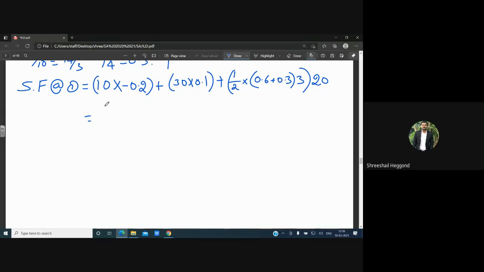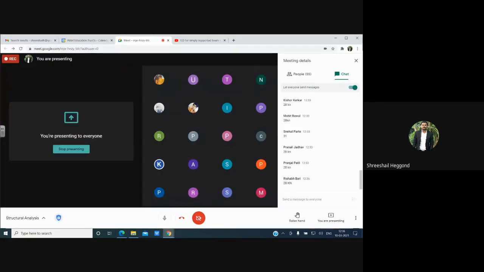So it will be 28 kilonewton, as the maximum number of people are posting 28. Actually, if you calculate also, it will be 28 only.